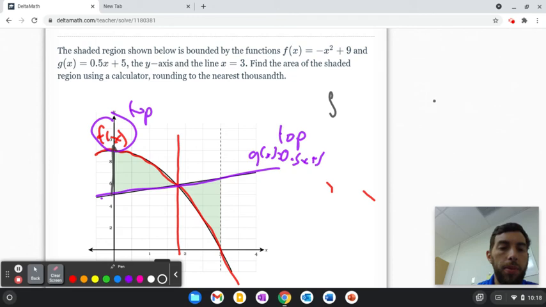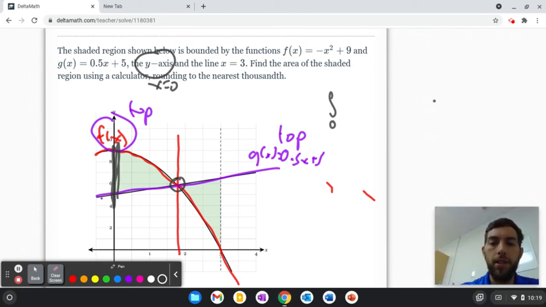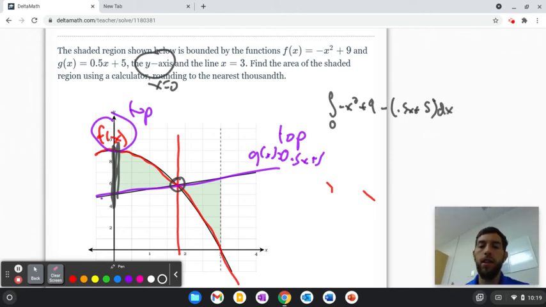The first lower limit is easy because it tells you to cut off at the y-axis, so that means x equals 0. I'm going to leave the top limit open for right now, because that's going to be the intersection. This one's going to be f of x minus g of x, so negative x squared plus 9 minus parentheses 0.5x plus 5, dx. That's my first area.